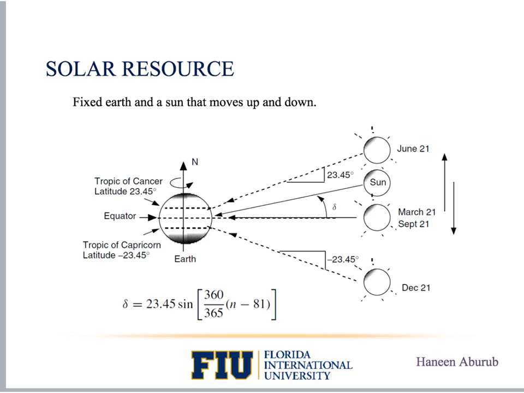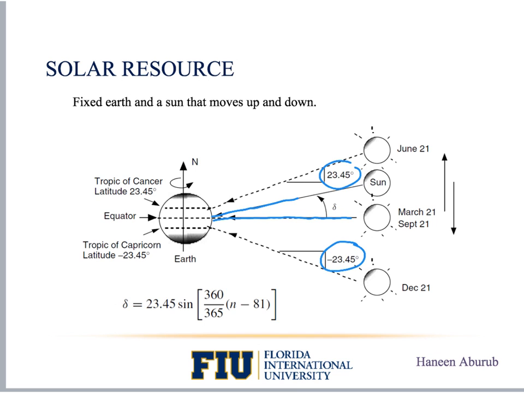This solar declination is the angle between the equator and the Sun, and it varies between two extremes: plus 23.45 degrees and minus 23.45 degrees.